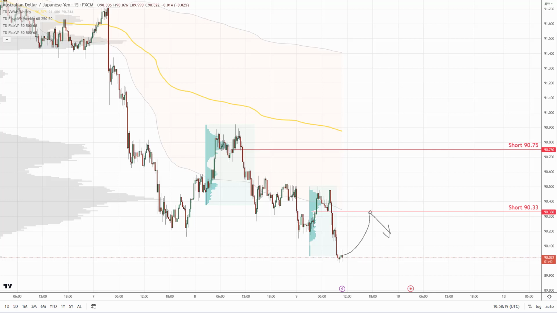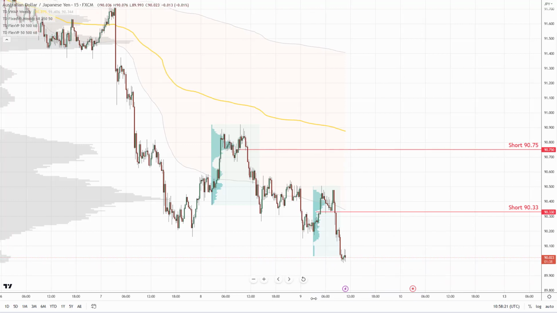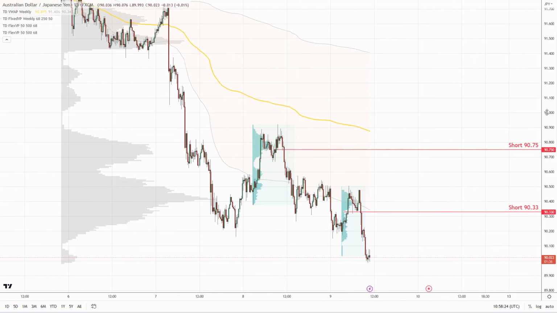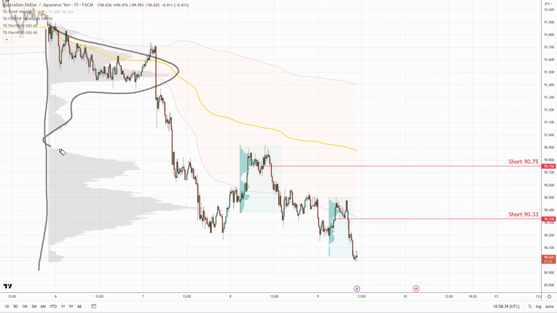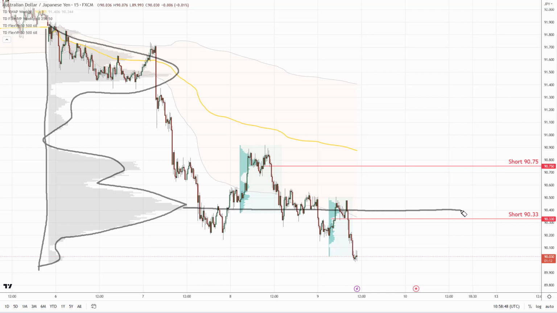Now, another thing that I like here is that weekly point of control is very close to our level. If you look at this gray profile, then it shows volume distribution throughout the whole week. And the heaviest volumes throughout this week were traded right here, which is just above our resistance level.